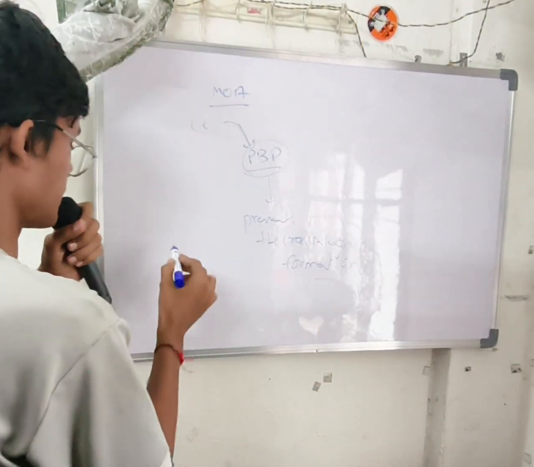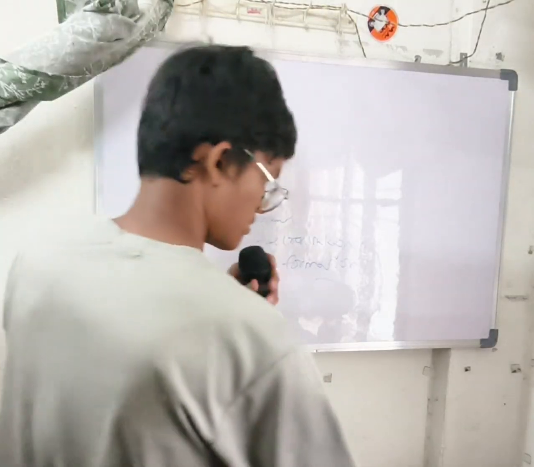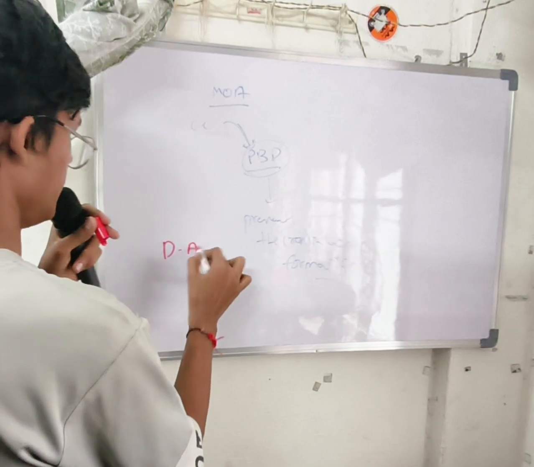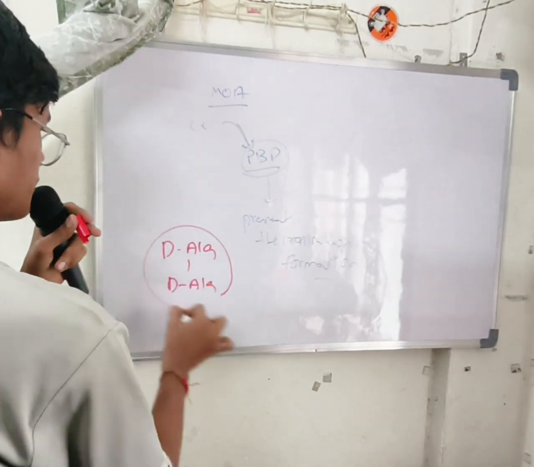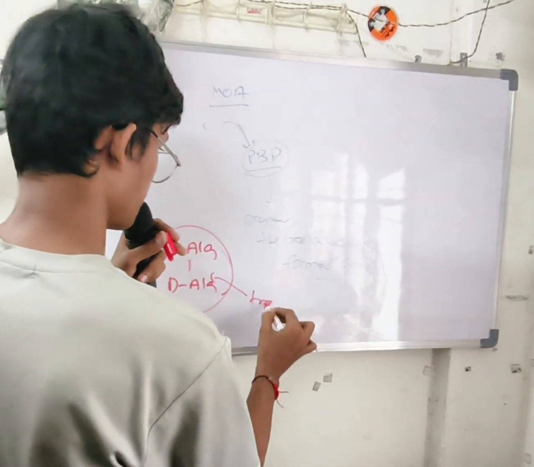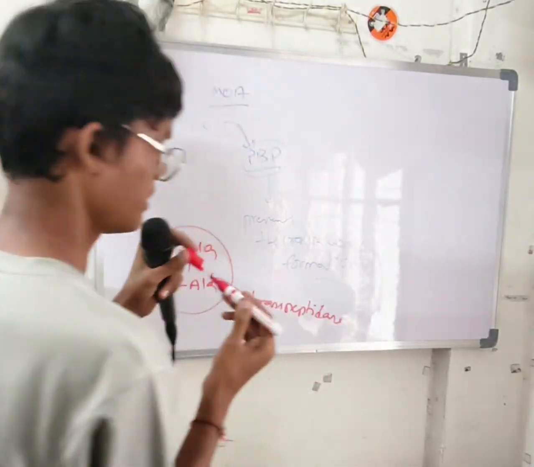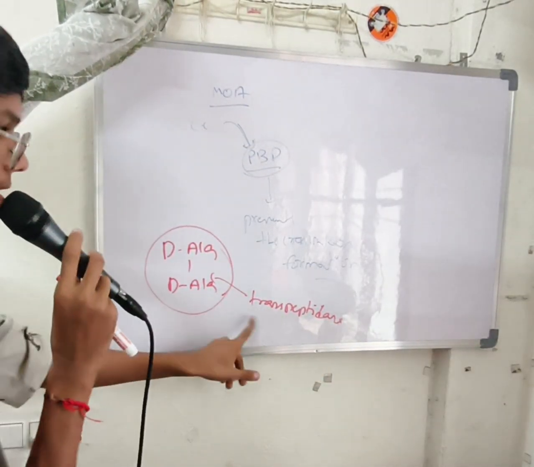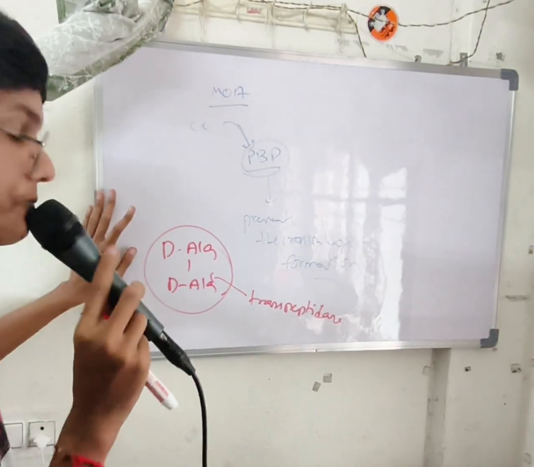In the bacterial cell wall there is a sequence called D-alanine. When this D-alanine sequence is cleaved by transpeptidase, there will be cross linkage formation.